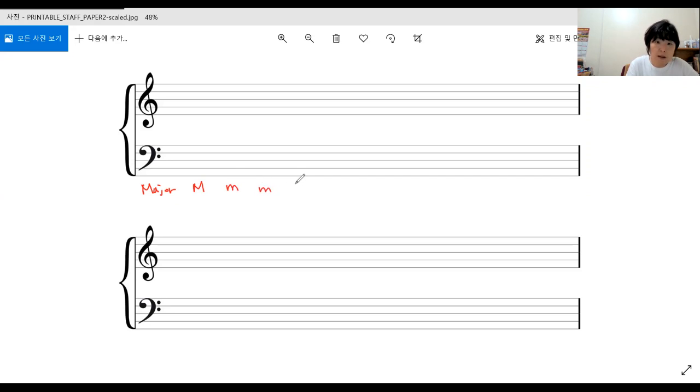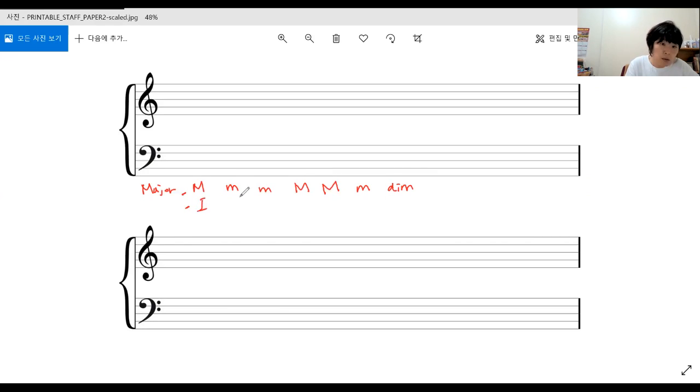You remember that? 1, 4, 5, right? That was major, and then 2, 3, 6 is minor, and then seventh was what? Diminished, right?